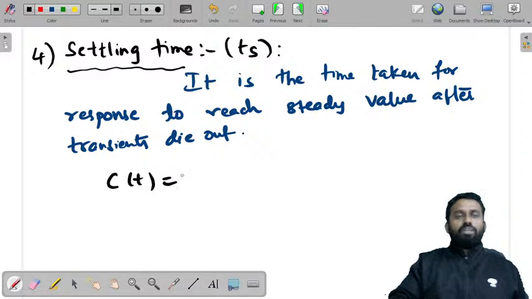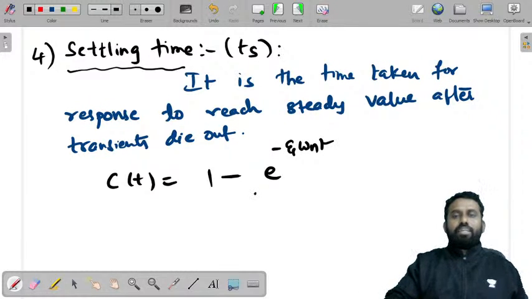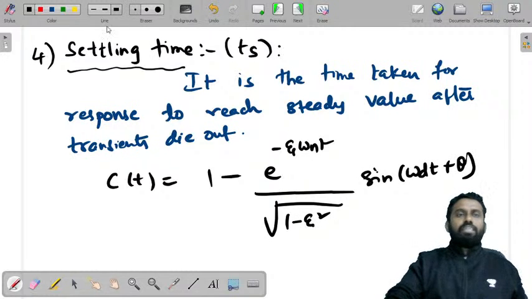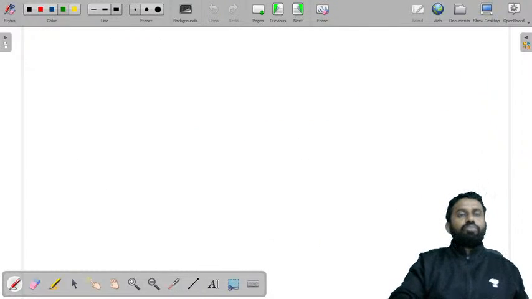C of t is equal to 1 minus e power minus zeta omega n t by under root of 1 minus zeta square sine omega d t plus theta. This has two components. One is the sinusoidal component, the other one is the exponential component. So let's try to compute that.